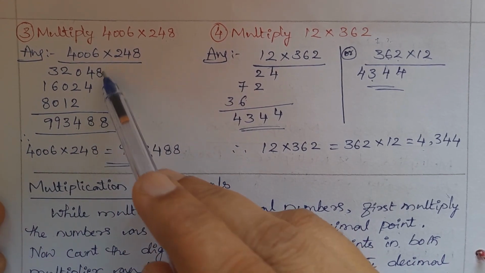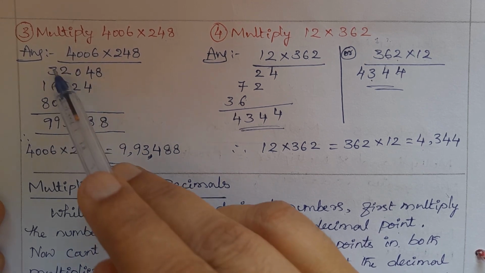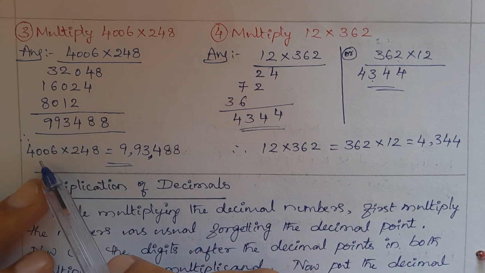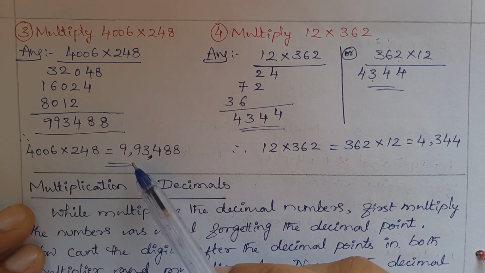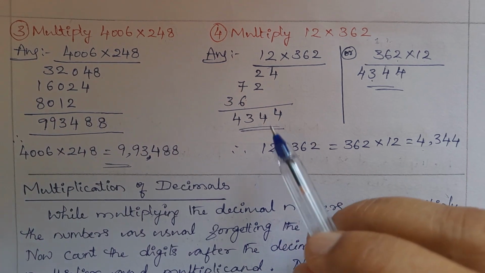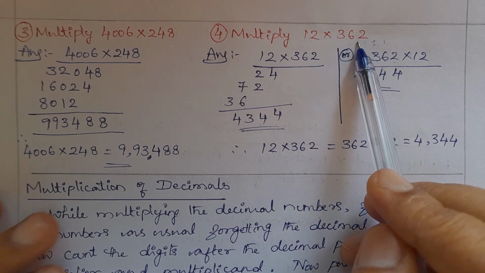Add these three. So 4006 into 248 is 993,488.